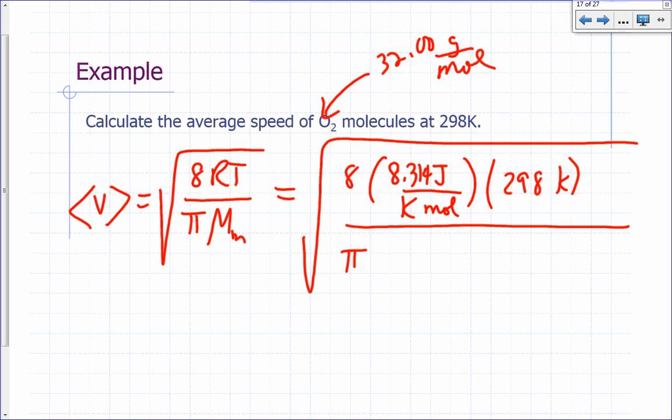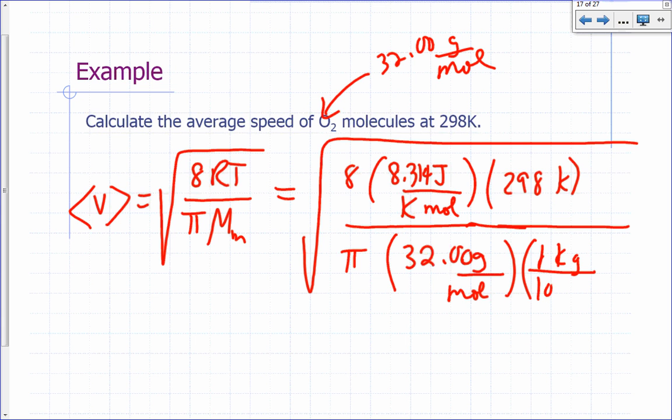But you have to put that in kilograms. So 32.00 grams per mole, and you have to change your grams to kilograms, so there's 1 kilogram in 1,000 grams.